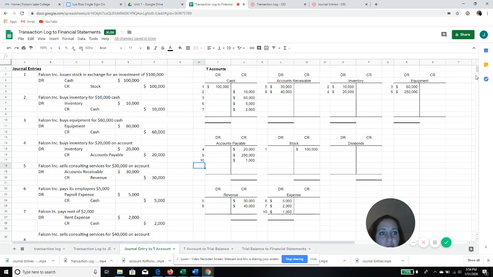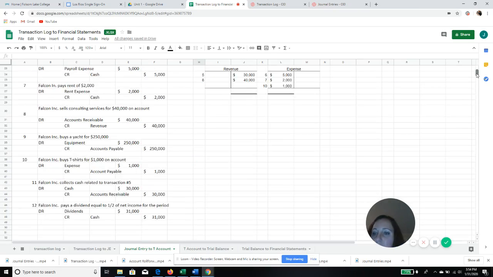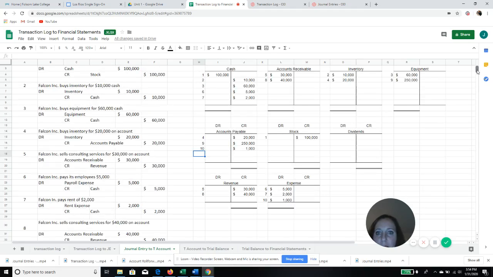All right, we're doing good. Just 2 left. In 11, we debited cash 30,000, and credited accounts receivable 30,000. So for transaction 11, I am going to put 30,000 on the debit side of cash, and I am going to put 30,000 on the credit side of accounts receivable.